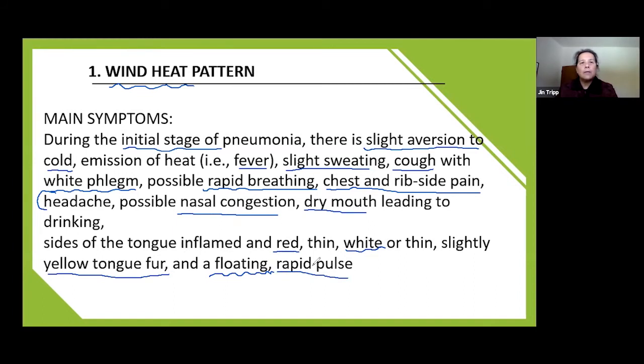So that's the wind heat type. It's pretty similar to common cold symptoms, but patients are more severe, with more cough, more phlegm, plus chest pain. Thus we can think about pneumonia.